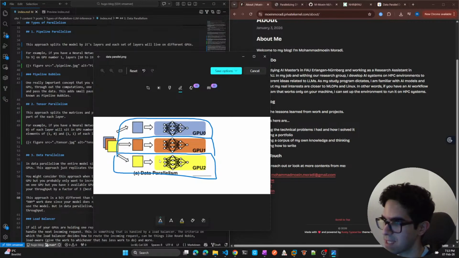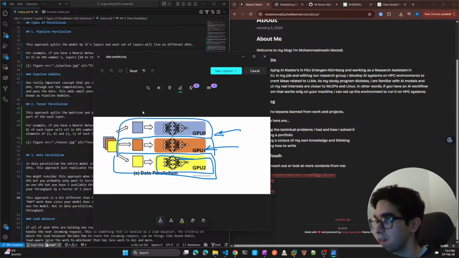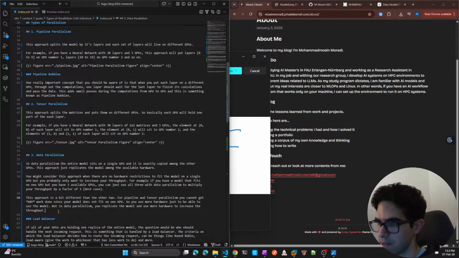As I said, you can basically get around generating some data or answering some requests with only one GPU, but you add more hardware to just increase the throughput in general. Maybe I'm thinking about it wrong, but at the moment it sounds a little bit different than the other ones.